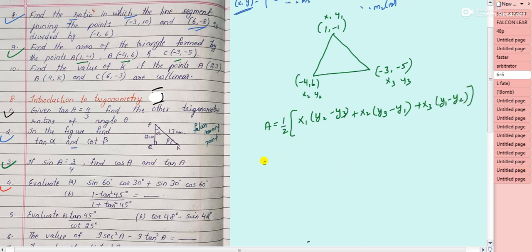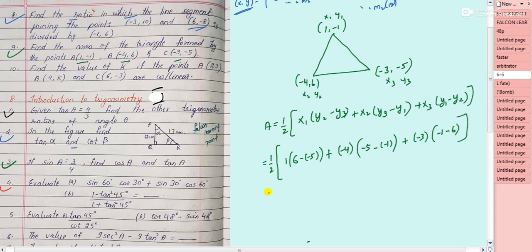So just substitute: half into x1, it is 1, into y2 is 6 minus of minus 5, plus x2 minus 4 into y3 is minus 5 and y1 is minus of minus 1, plus x3 is minus 3, y1 is minus 1 minus 6.